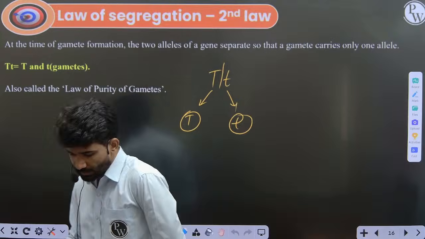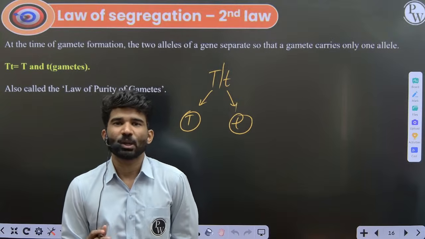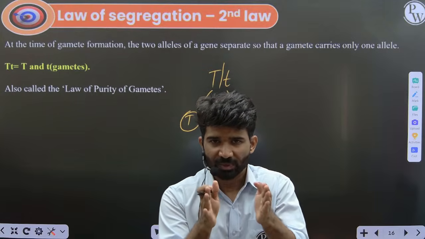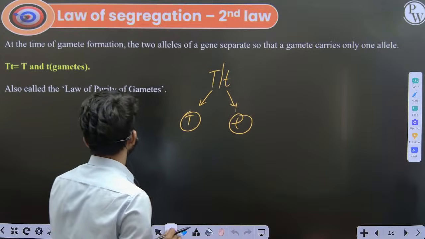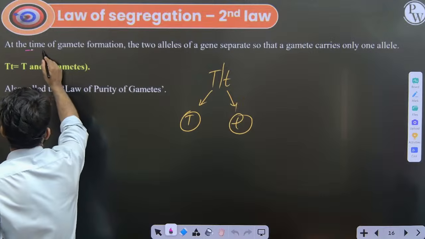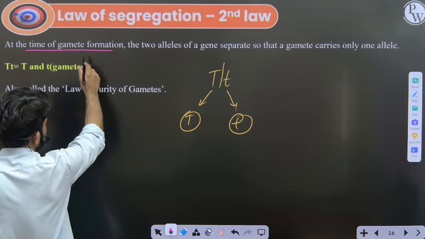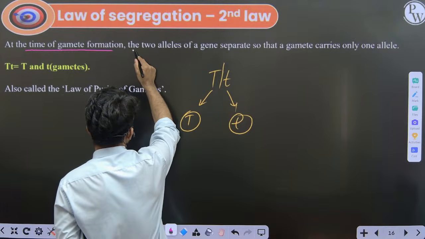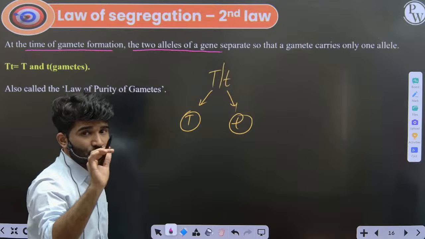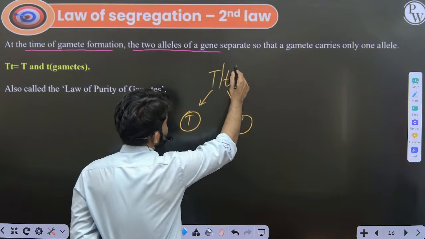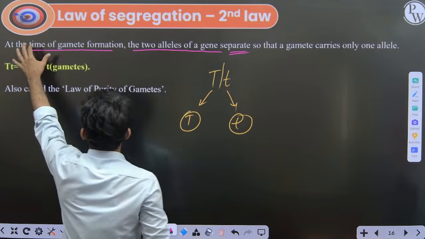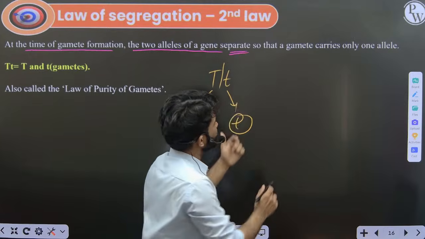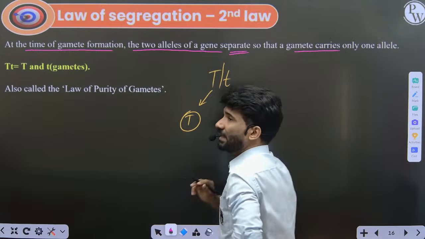The thing is the law of segregation, right? So what is happening here? At the time of gamete formation in the parent plant, the two alleles of a gene separate, so that each gamete carries one allele.